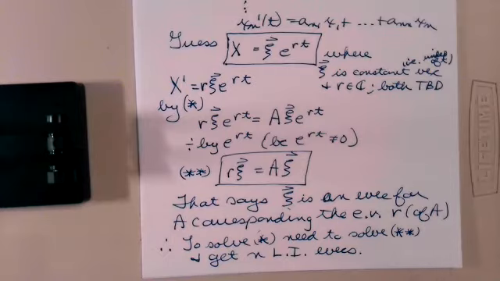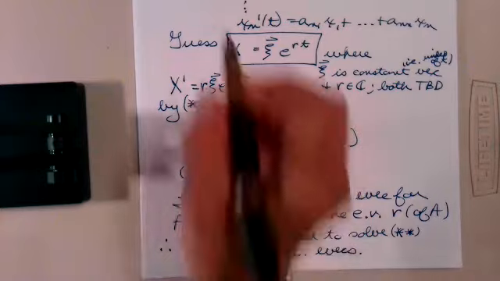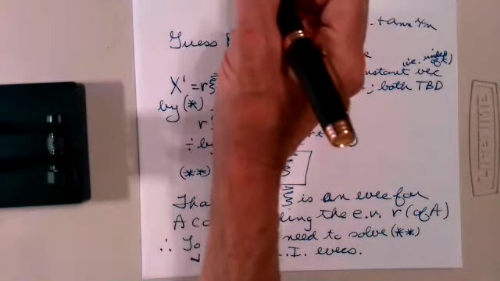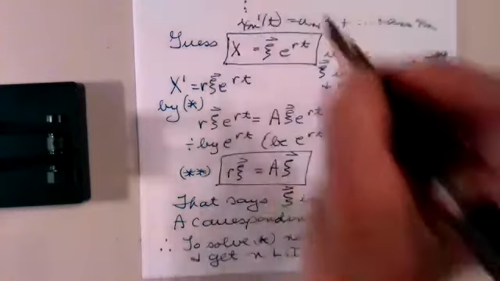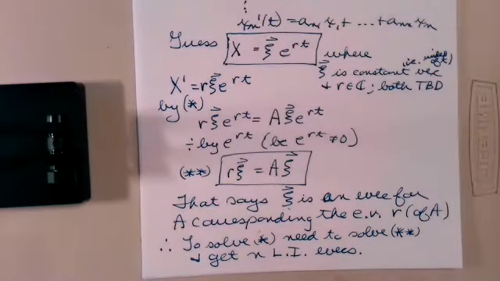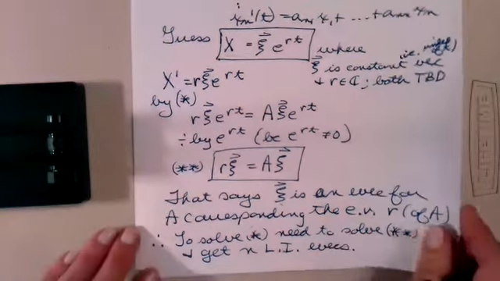Because to get a solution for a system of n first order equations, we're going to need n linearly independent eigenvectors, by one of the theorems we discussed last lecture.